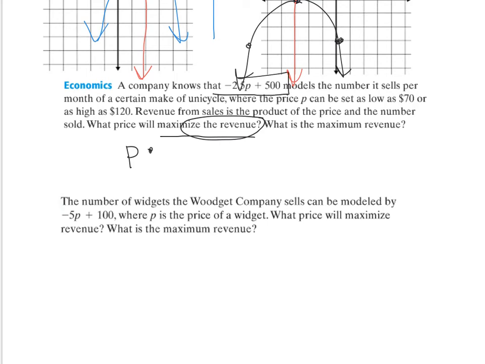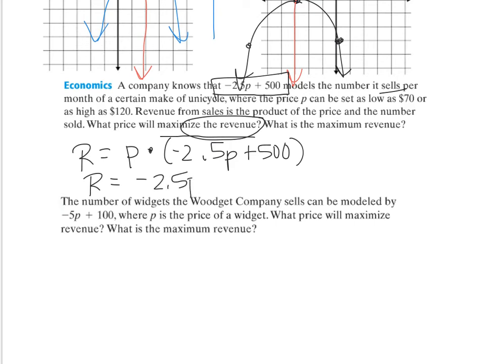This expression right here models the number it sells, so that's the number sold. So it's going to be P times negative 2.5P plus 500. This is the tricky part, coming up with the revenue function. So I'm going to distribute this, so it's going to be negative 2.5P squared plus 500P.